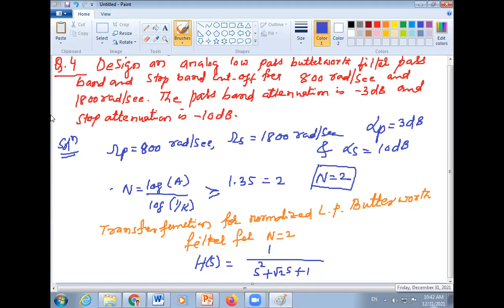Once we know this value, we can calculate the cutoff frequency and then the final analog transfer function.